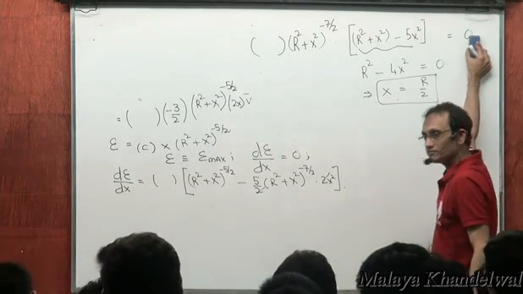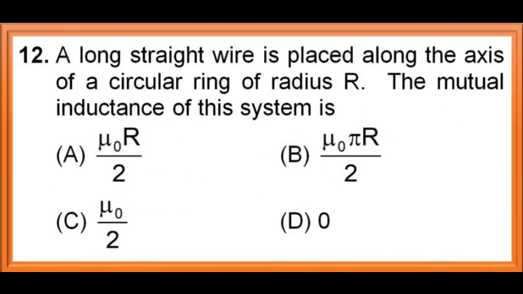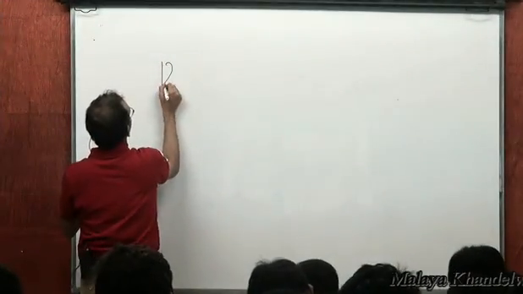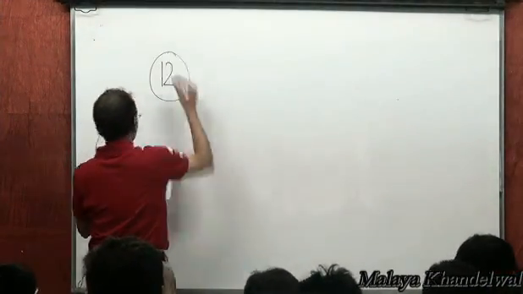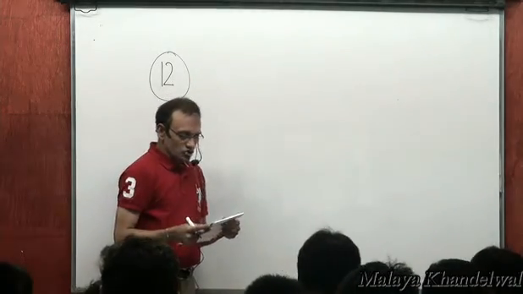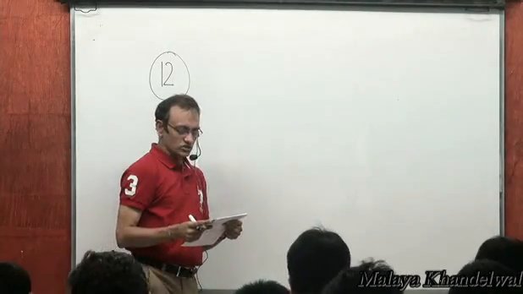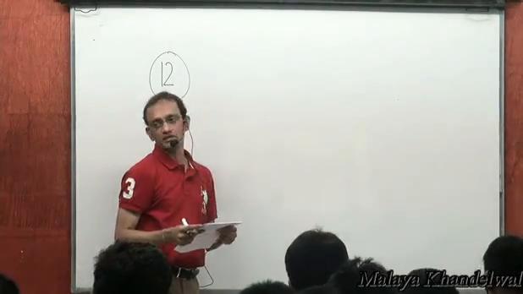Can I wipe this off? Okay, problem 12. A long straight wire is placed along the axis of a long circular ring of radius r.